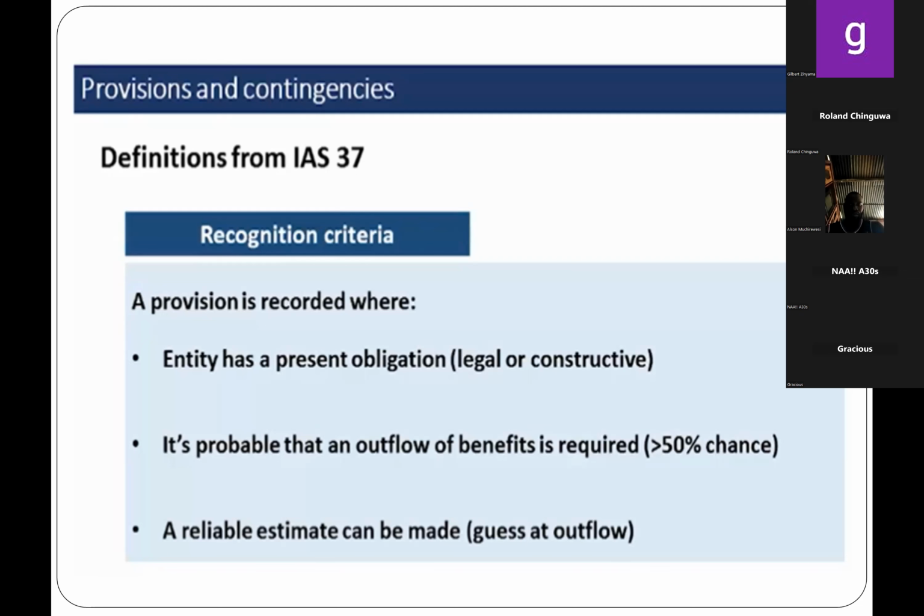So if you face a question in your exam that asks you the recognition criteria, or that asks you whether or not we should recognize a certain story as a provision, this is the structure that you should put down as your answer. If you are given a story about something that happened, and the question asks how we are going to recognize it, you are first going to talk about present obligation.